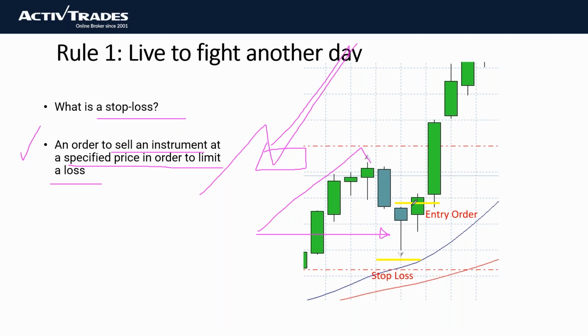In this case, it does, and most people will recognize that as a bullish pin bar, and they will look to have an entry order to take them into the market. But what we also need is an order to sell the instrument at a specified price in order to limit our loss. Most traders, myself included, when utilizing price action and candlesticks, will very often have a stop loss beneath the low of that particular trigger candle.